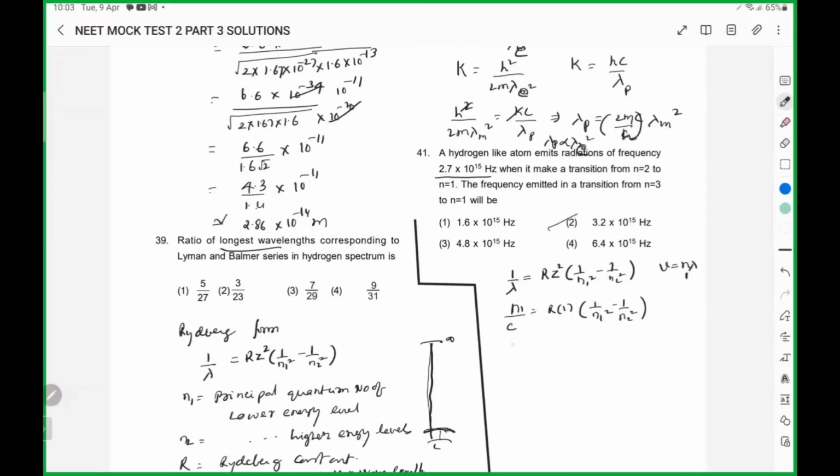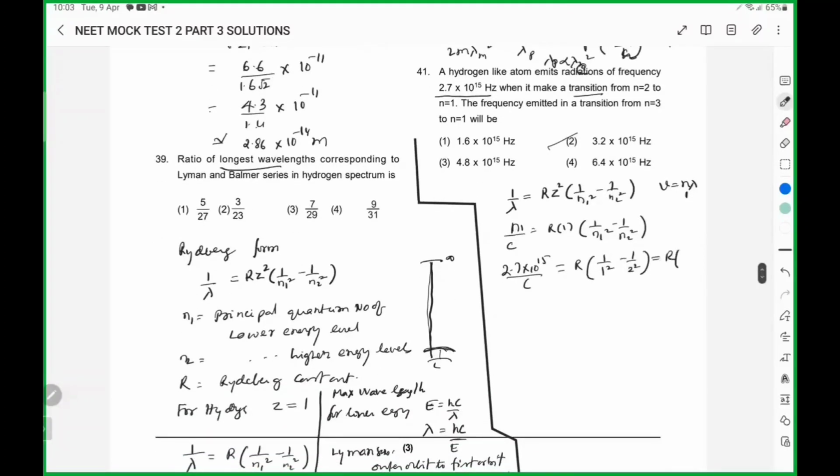So here n1 is 2.7 into 10 power 15, divided by c. When it makes a transition from second energy level to first energy level, it is R into 3 by 4. What is the frequency emitted when it transitions from n equal to 3 to 1?